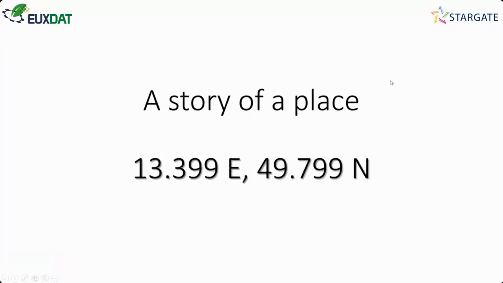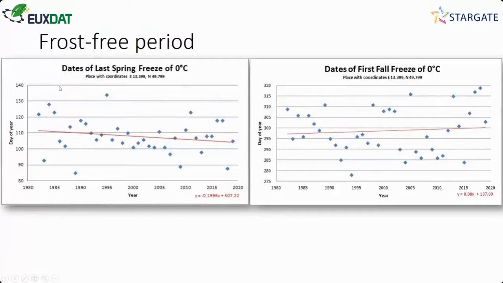For a particular place, I search into the past, from 2019 back to 1980. You get the last freezing day, counted as days from January 1st in the Northern Hemisphere.